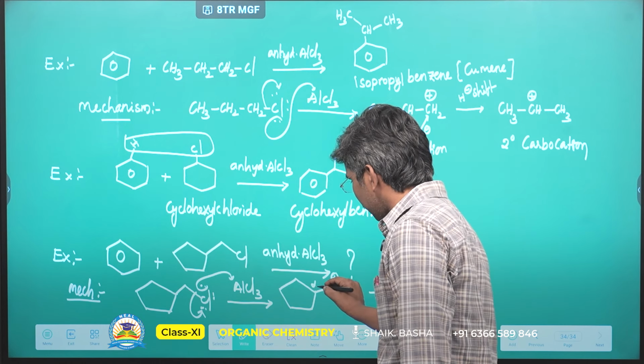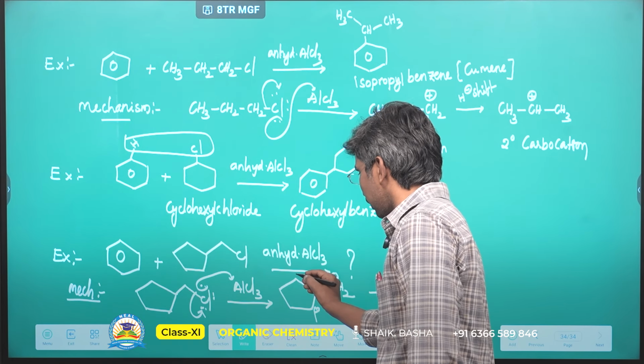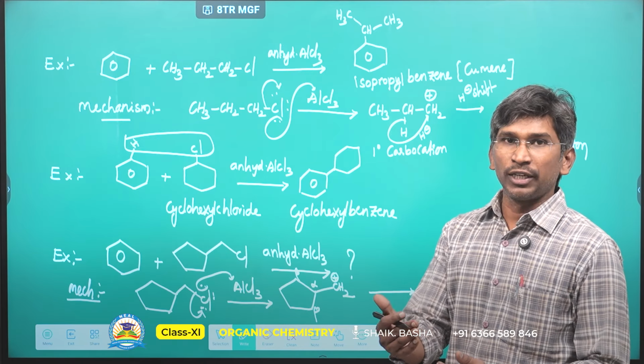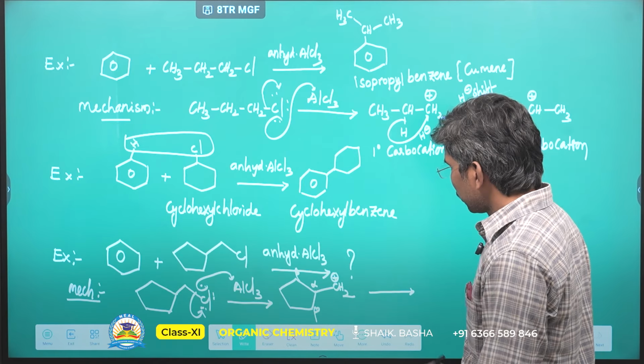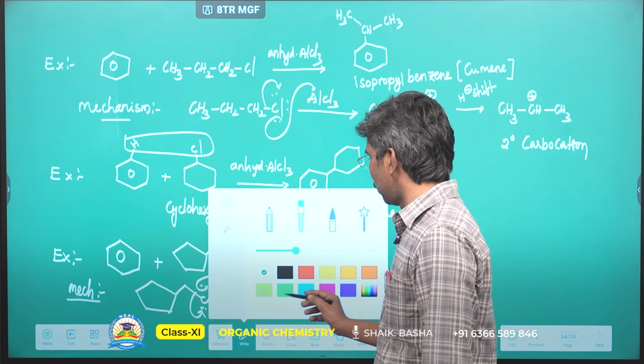The carbocation carbon's adjacent carbon is the alpha carbon, and adjacent to alpha is beta. This one is also beta. Already I gave you how we have to do ring expansions and ring contractions. I am directly writing here. So between the alpha and beta carbon, the ring is expanding. How?